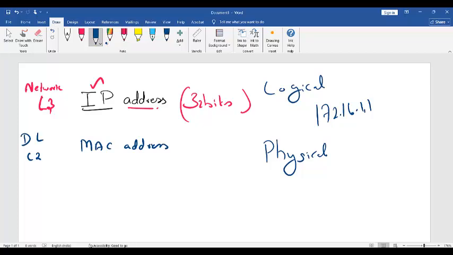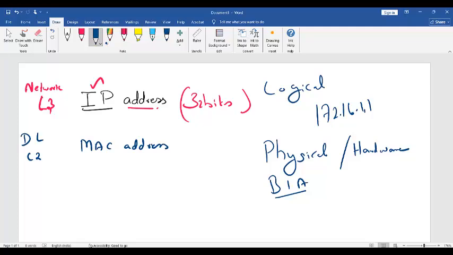MAC address, physical address, hardware address, that's another name. Burnt in address. See, in some books they will write it like this: BIA.